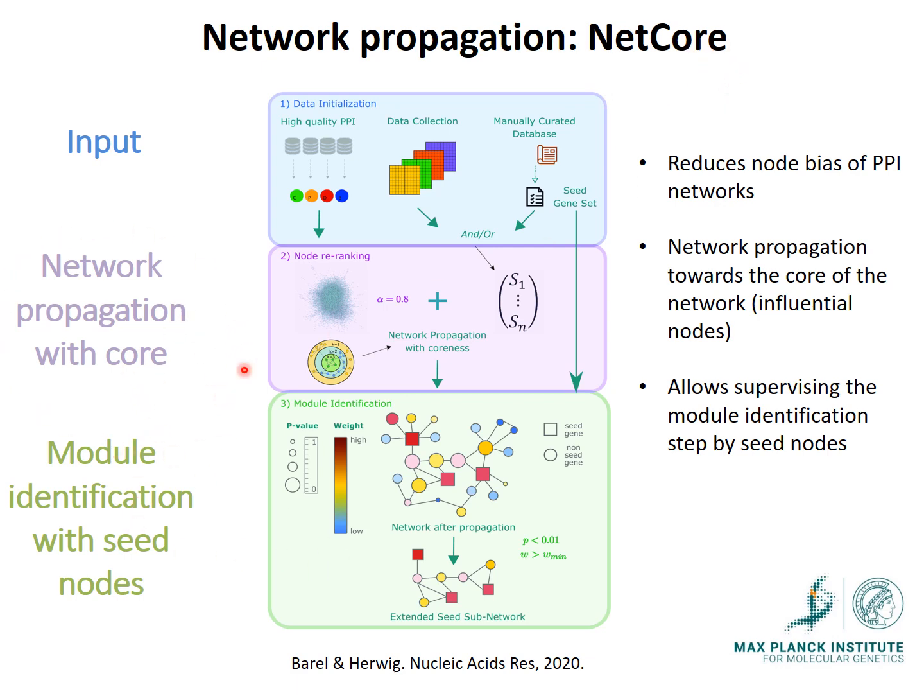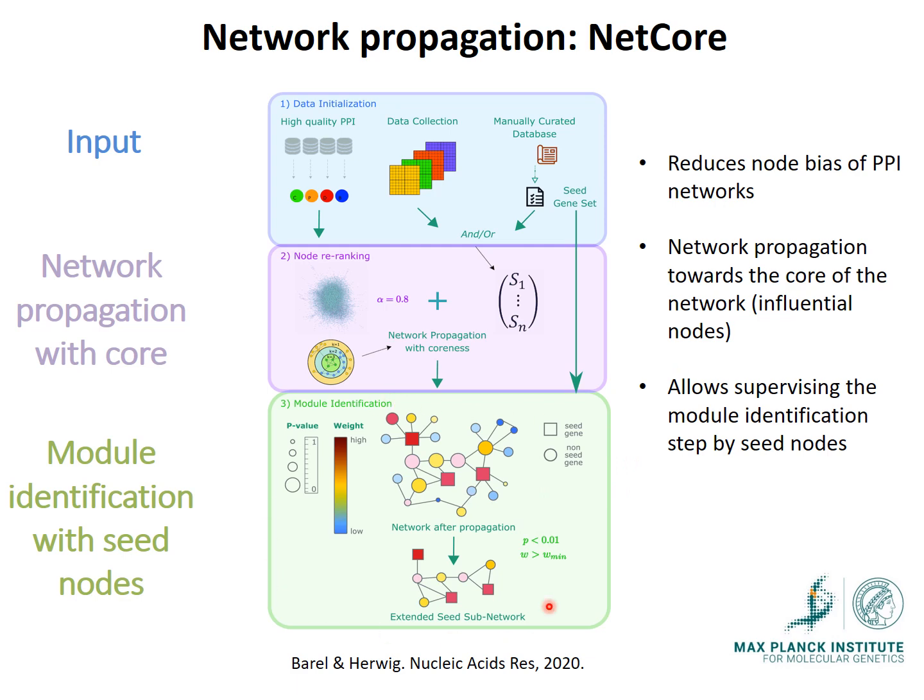First step, we derive a re-ranking by using the core of the network as a node characteristic rather than the degree, which is a part of most other available network propagation algorithms, but we observed that the core is particularly suited to cope with the bias of PPI networks and to identify influential nodes.